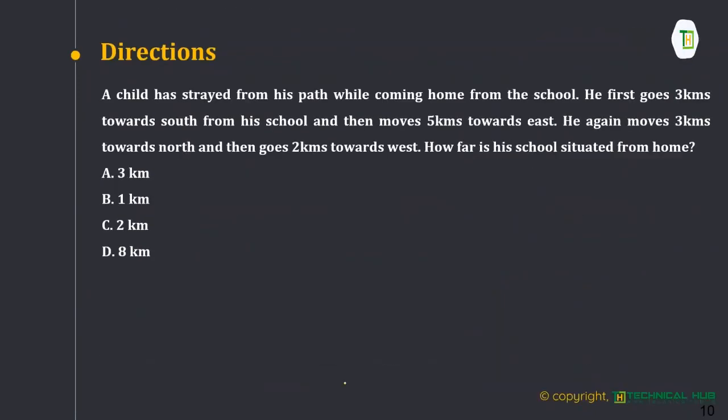Next one. A child has strayed from his path while coming home from the school. He first goes 3 km towards south. So this is the south position.